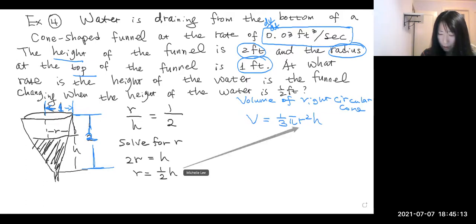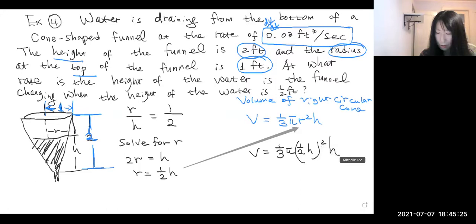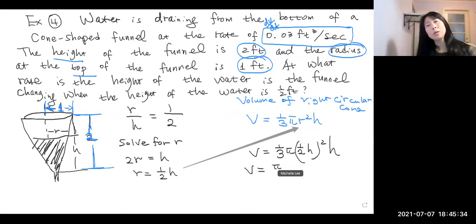Okay, then we have V equal to 1/3 pi times 1 over 2 H quantity squared times H. Okay, that is V equal to pi, I'm sorry, that is the squared, which is 4 times 3, which is 12, right?